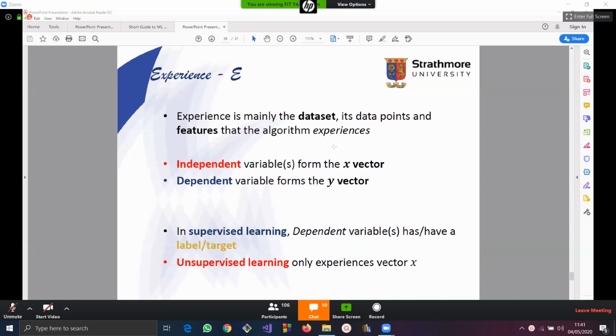So the next thing was the experience, which is just basically the data set. So no learning happens without the data set. Actually, if you don't have the data set, you either simulate or you just put the project on hold. So some projects are usually put on hold just because of the data set.